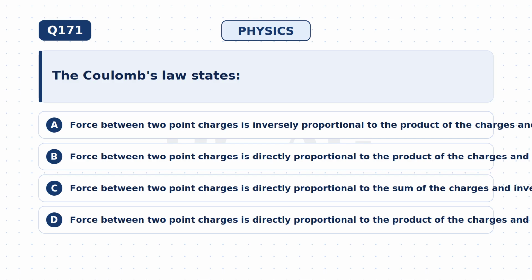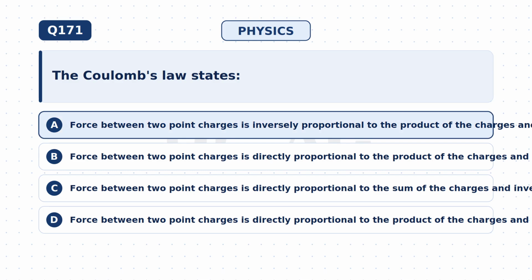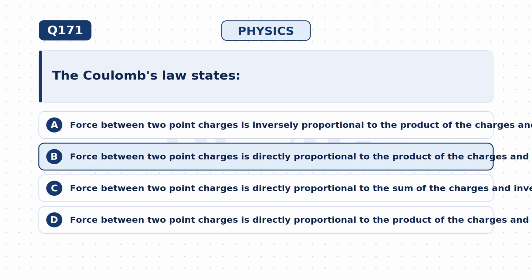Question 171. The Coulomb's law states. Option A, force between two-point charges is inversely proportional to the product of the charges and directly proportional to the square of the distance between them. Option B, force between two-point charges is directly proportional to the product of the charges and inversely proportional to the square of the distance between them.